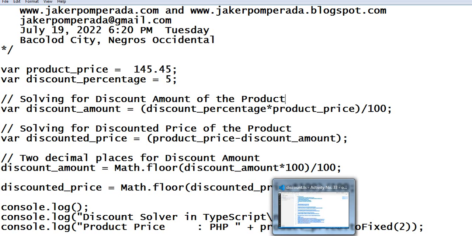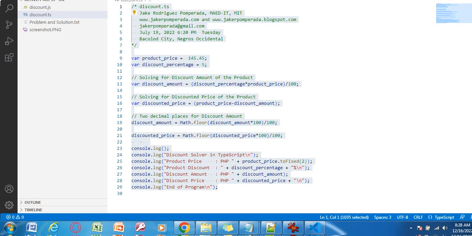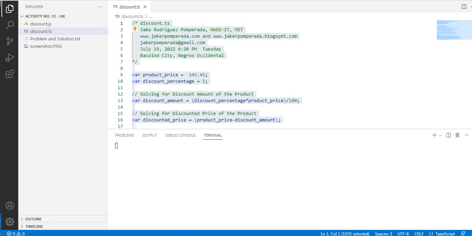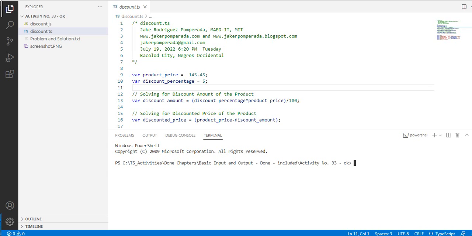Let us go to our Visual Studio Code. Let us go to the terminal window. We select New Terminal. Okay, we compile now using tsc, the TypeScript compiler, discount.ts. Let us wait for a while, the compilation process will take place now. It takes some time to perform the compilation process.